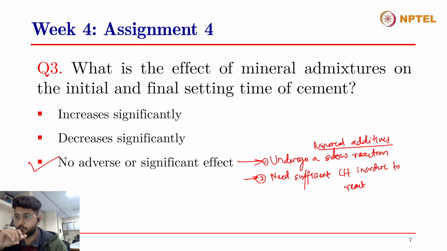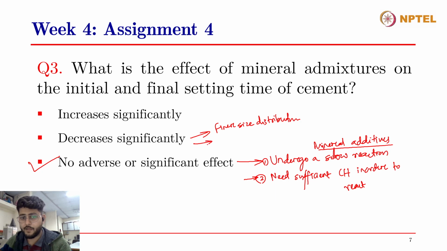there is one or more ways in which these mineral additives can indirectly affect the setting time of cement. How? We know that these mineral additives have a finer size distribution, and many of them have high specific surface area, right?